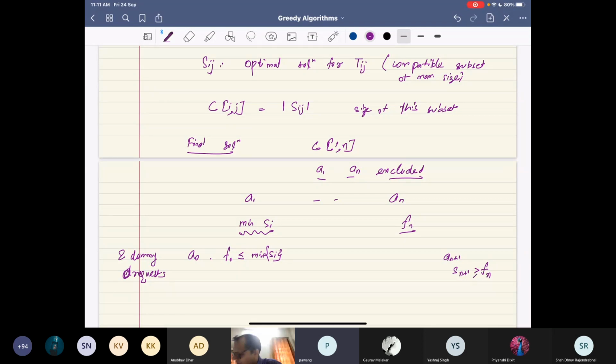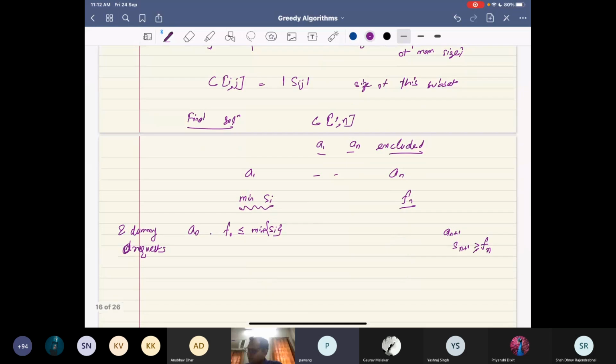Yeah, equal to also will not matter. So I define these dummy requests. They are not there in my original set, but I just define them for the sake of defining my final solution. So A0 finishes before any of these starts, and An plus 1 starts after everything finishes.